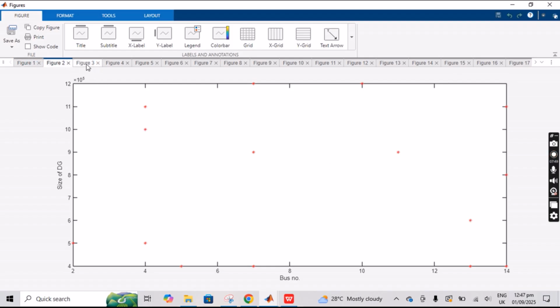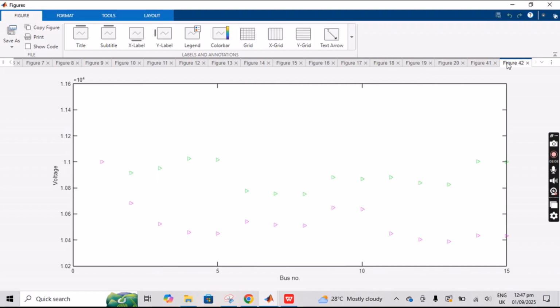This displays different figures accordingly, almost 22 figures basically, which display the different power generation levels according to the distribution systems. These are the bus numbers according to different voltage levels, like 11 kV, 33 kV and 132 kV as well.